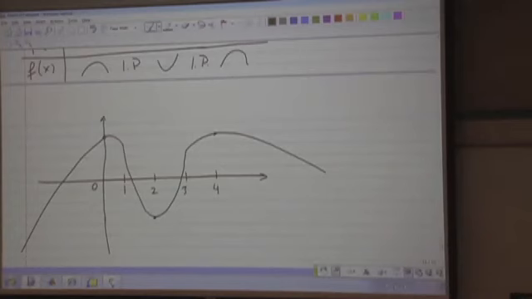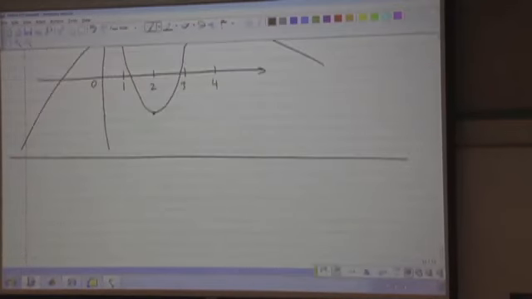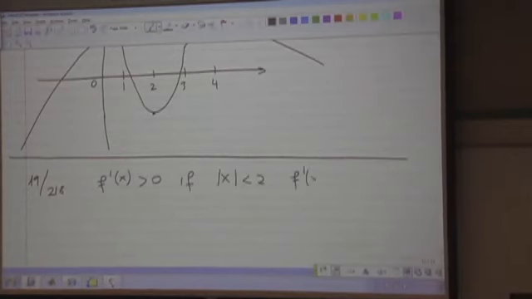Should we do another one like this? Okay, 19. We have f prime of x is bigger than 0 if the absolute value of x is less than 2. f prime of x is less than 0 if the absolute value of x is bigger than 2. f prime of negative 2 is equal to 0.